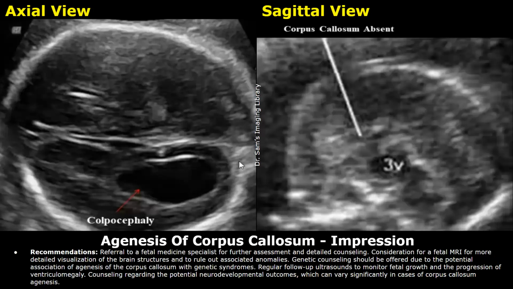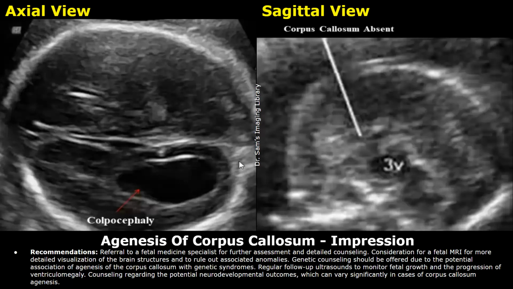Recommendations: referral to a fetal medicine specialist for further assessment and detailed counseling. Consideration for a fetal MRI for more detailed visualization of the brain structures and to rule out associated anomalies. Genetic counseling should be offered due to the potential association of agenesis of the corpus callosum with genetic syndromes.